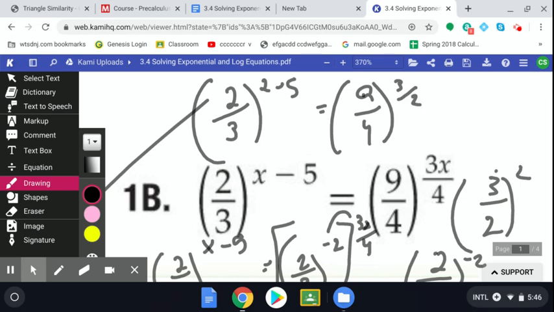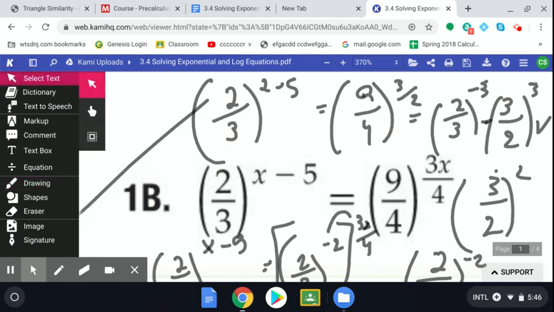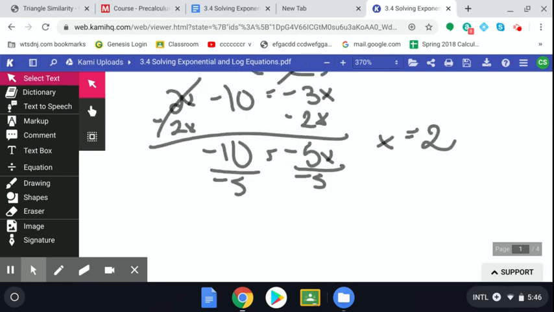So now I am left with 2/3 to the negative 3 is equal to, remember, this is 3/2 squared. So 3/2 squared to the 3/2 should be just equal to 3/2 to the third. And that works because you just flip and make the exponent positive. All right. So your answer here should be 2.